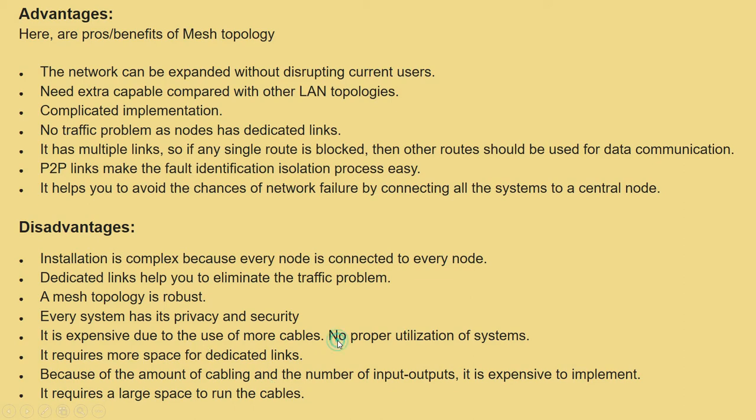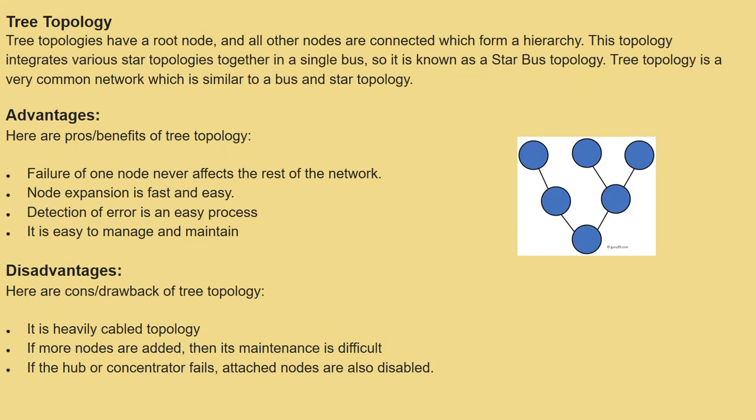Now the next one is your tree topology. Tree topologies have a root node and all other nodes are connected, which forms a hierarchy. This topology integrates various star topologies together in a single bus, so it is known as a star bus topology.